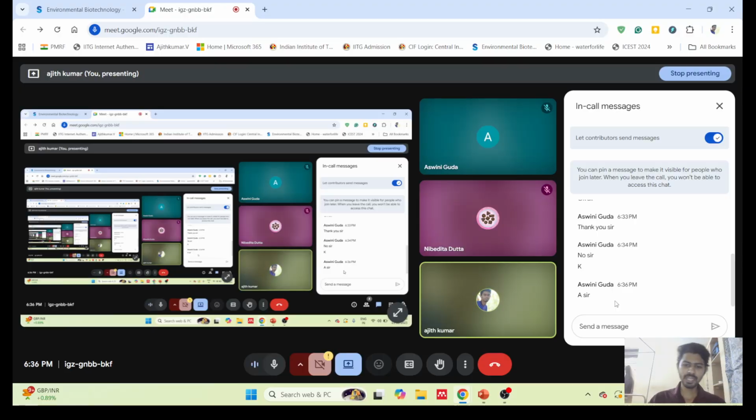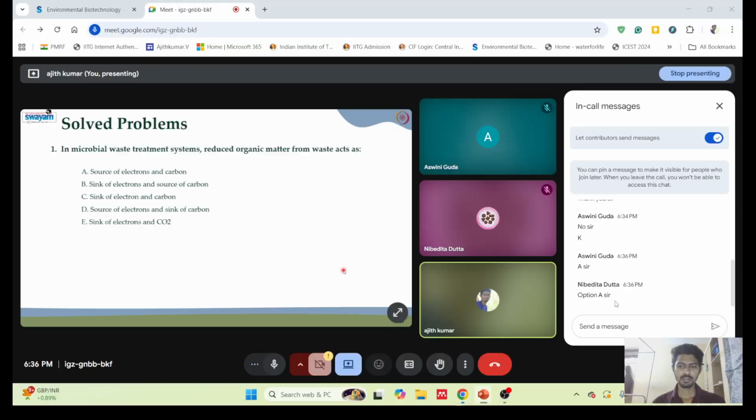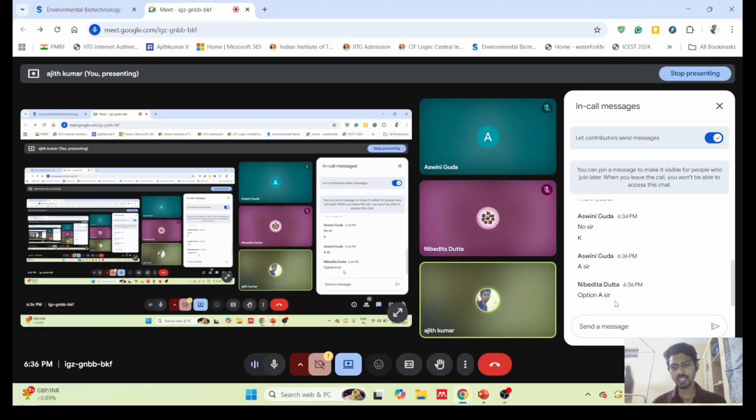Option A. Okay. Any other option? You just take time and answer the question. Option A. Ashwini and Nibedita have answered.